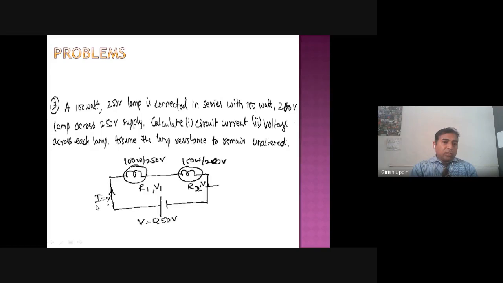To find the current, the voltage is given. I is unknown; V is equal to IR, and we need to find I. V is given, so what should we try to calculate? Resistance. If we know V and R, we can calculate the third one, that is I. How will you calculate R here?